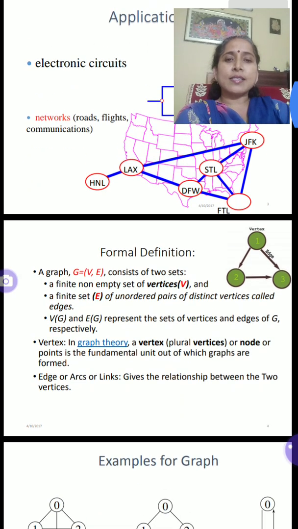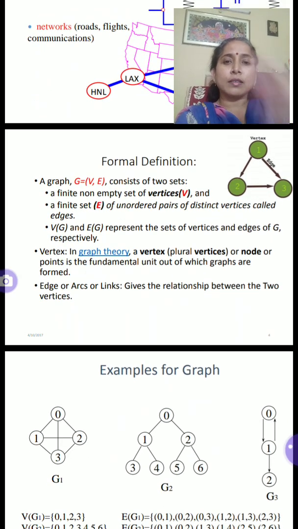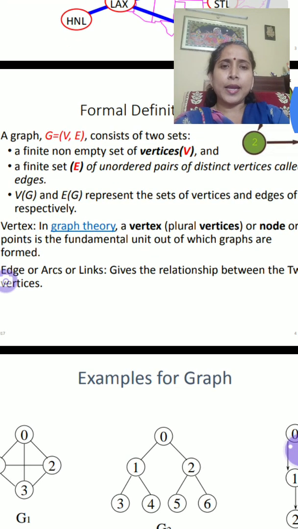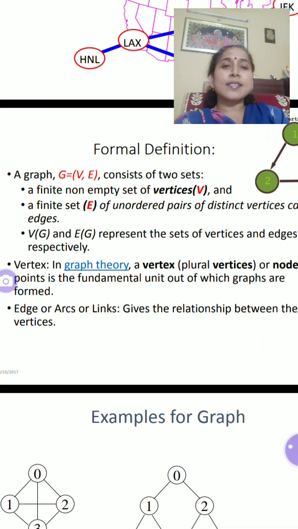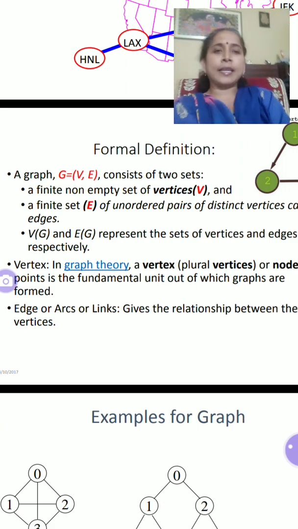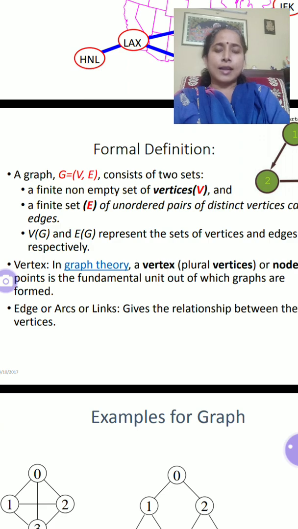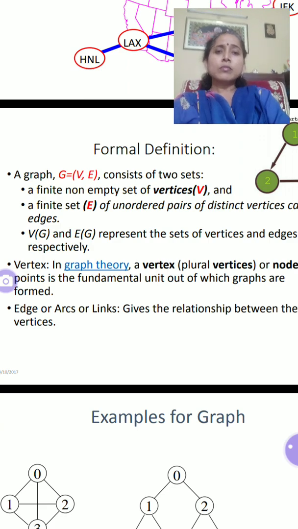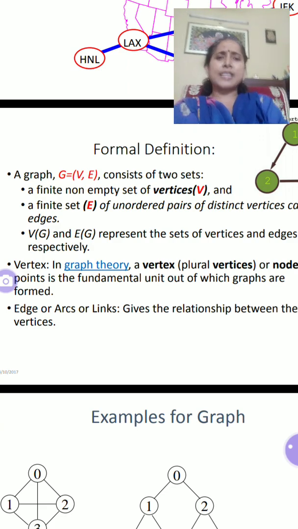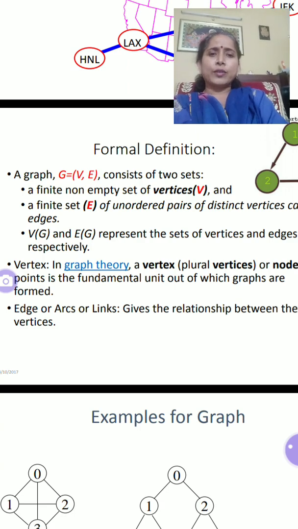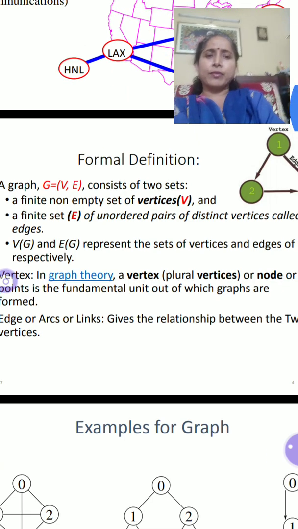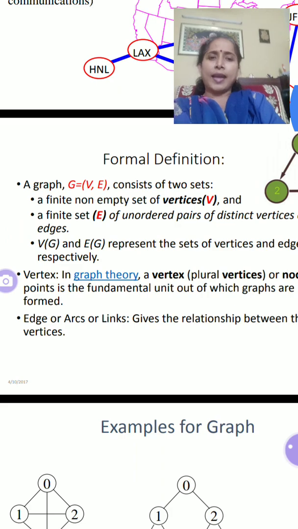So we can see the formal definition of a graph over here. A graph is usually represented by a capital G. It is a set of V and E, where V stands for vertices and E stands for edges. A finite non-empty set of vertices, and a finite set E of unordered pairs of distinct vertices, is called edges.